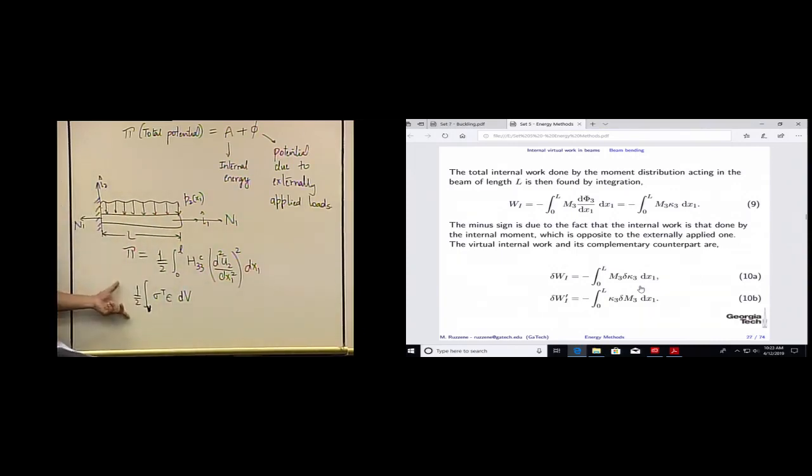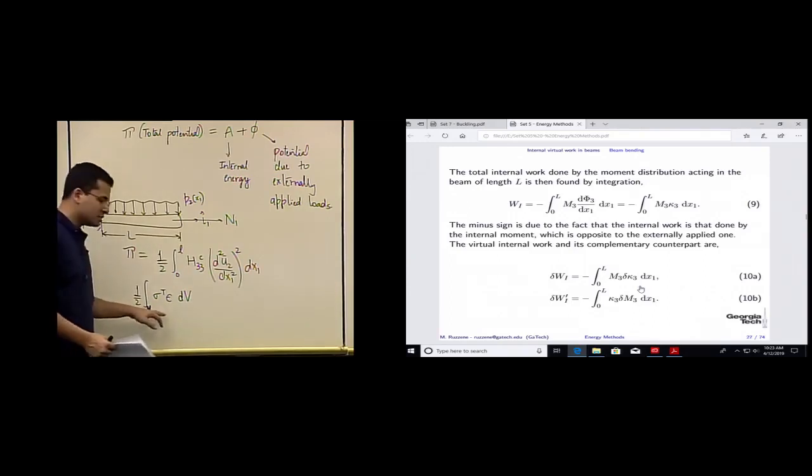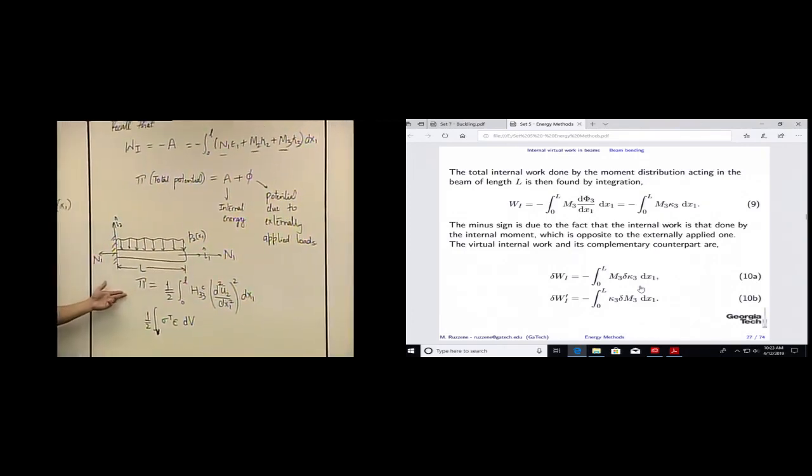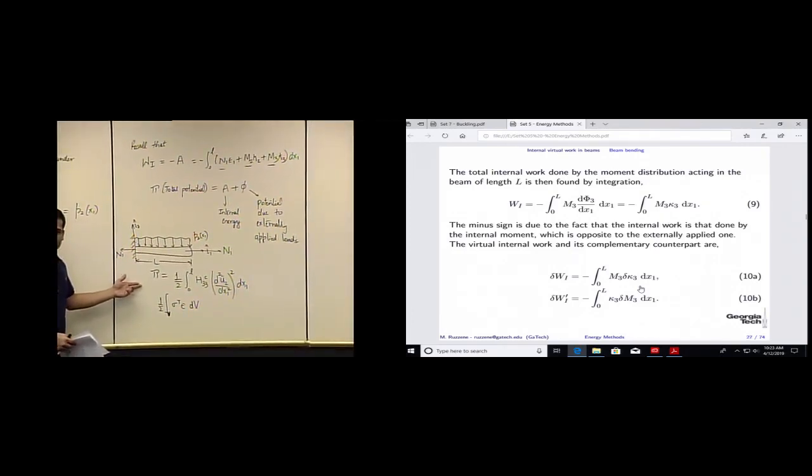So you can either use this expression, this is energy, and then you can use your constitutive equations and your strain displacement relations to obtain this expression. So you need to know either one of these methods.